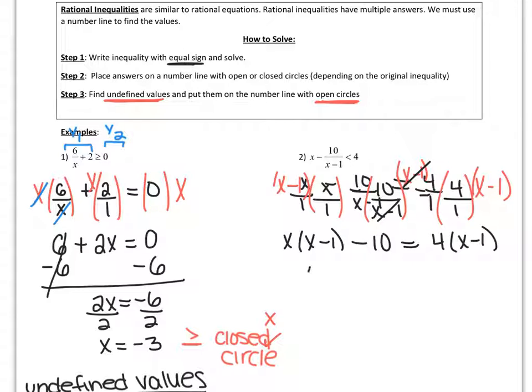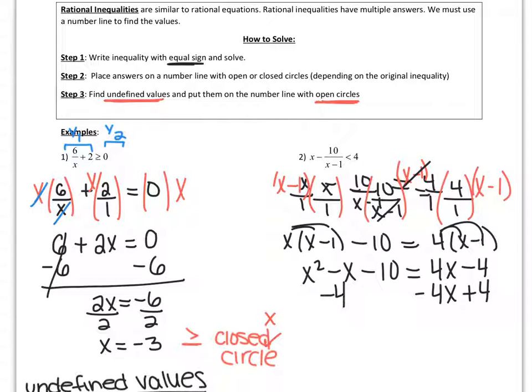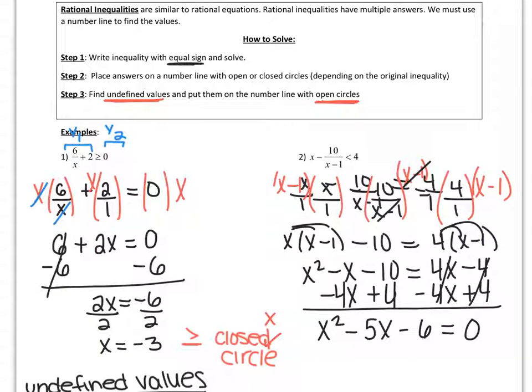And now I'm just going to simplify by distributing the x into both. And I'm going to subtract the 4x and add the 4 to get it equal to 0. So x squared minus 5x minus 6 equals 0.